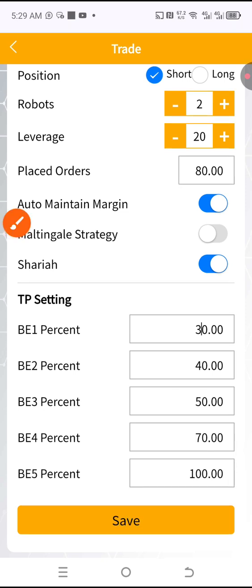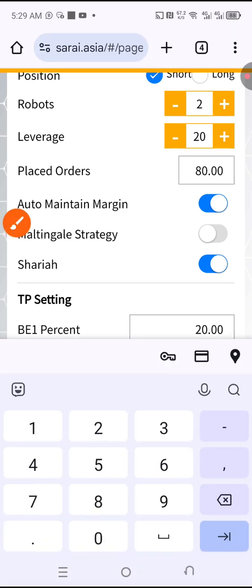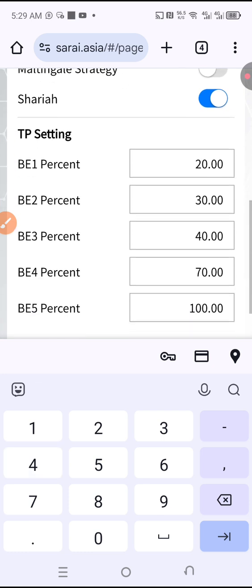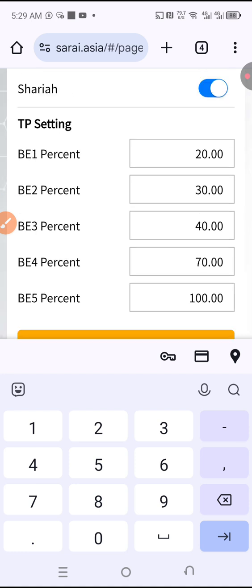Here, the first one you want to put at 20, because you are having Sharia settings, and you're not expecting coins to go outrageously up. So we set this as 20, and we put this as 30, then 40. We can jump a little bit by putting this to 60, then 70, or you might just leave it at 50, 60.